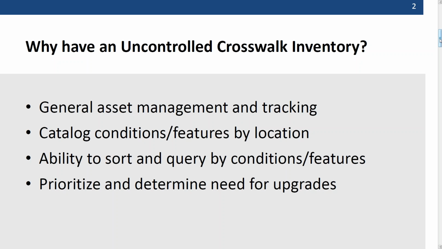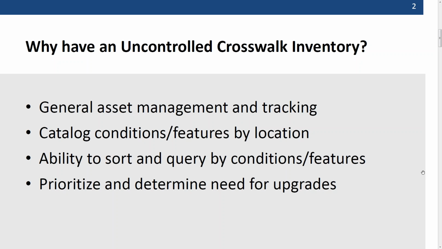We have almost 700 uncontrolled marked crosswalks in the City of LA. We have the largest street network in the United States, so accordingly a large number of assets. It's important for us to understand what's out there, what conditions are associated with those assets, and track when we're upgrading and providing new elements to that inventory.